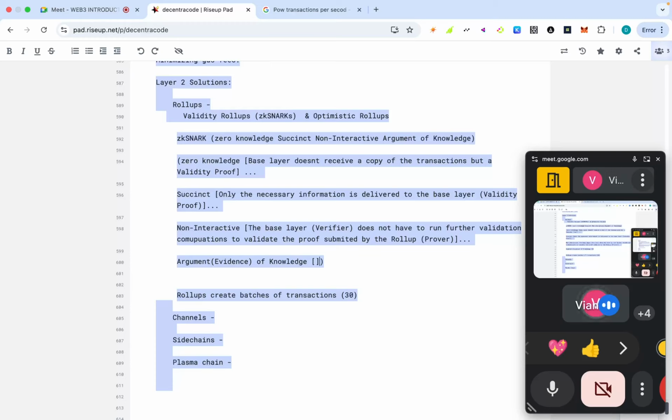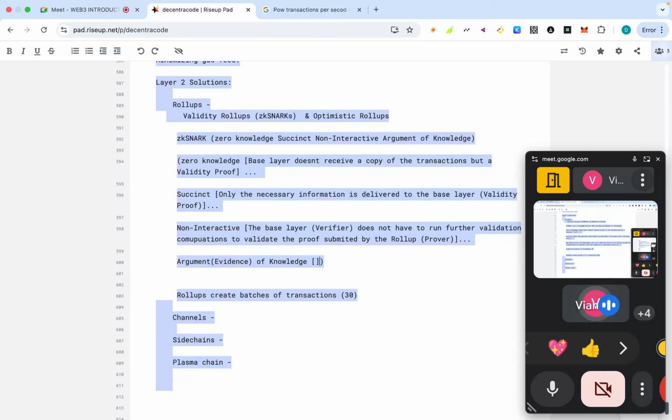That is the evidence that those transactions were actually processed on the layer 2 solution, and now it is delivering that evidence, that evidence of knowledge, that argument of knowledge. Argument of knowledge simply means evidence of knowledge. A single entity or a single unit of information that proves something.